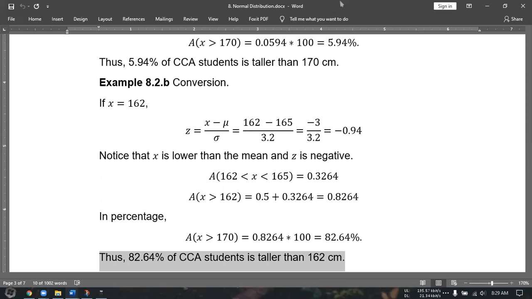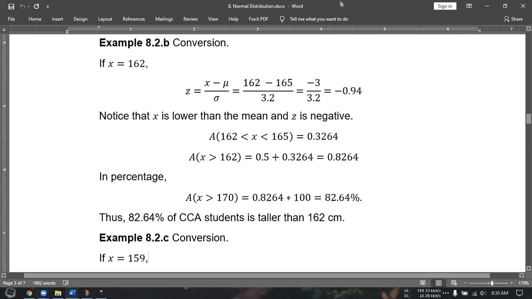Let me give you a hint. If just part of the half is your shaded region, you have to subtract from 0.5. Now, if in the normal curve half of the distribution is already shaded and some part of the other half is also shaded, then that is when you have to add to 0.5. Right, next.